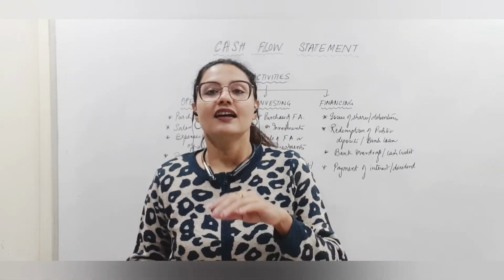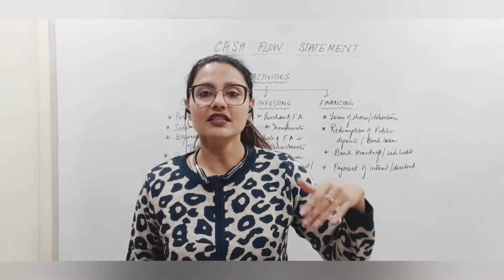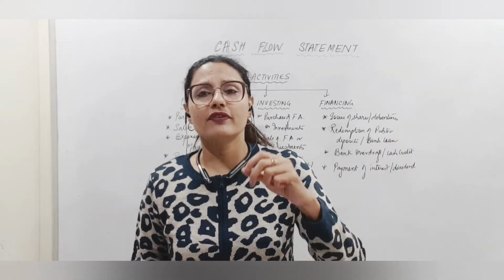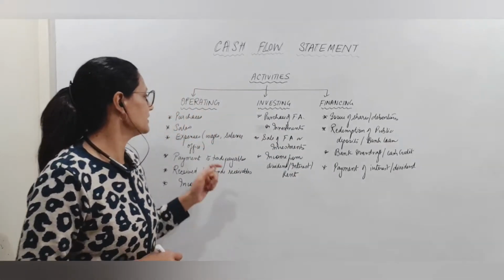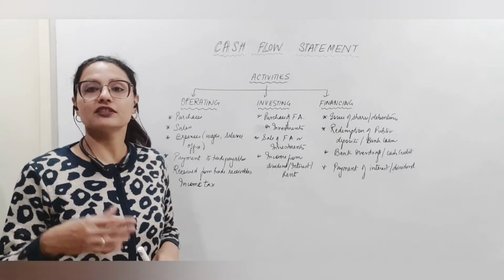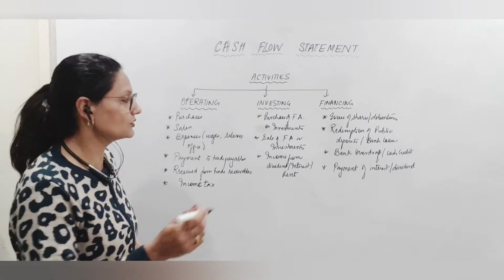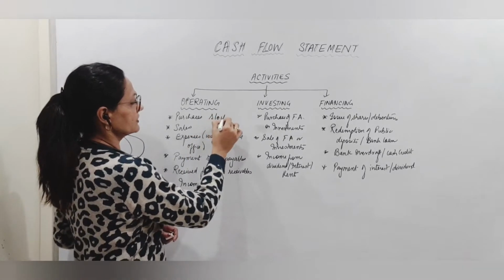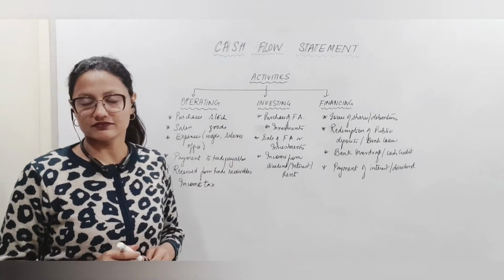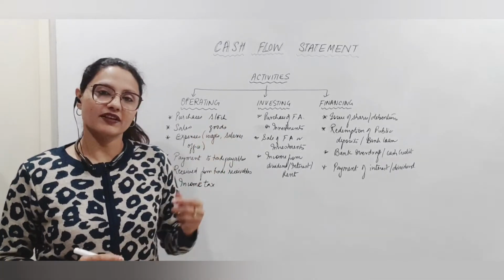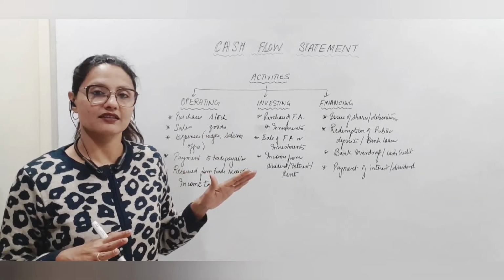ठीक है? Apart from that, there are other activities also. So if I tell you more specifically certain examples of operating activities. Purchases of what? Stock, isn't it? Goods. Purchases of stock or goods we are talking about. Sales of goods. Purchases, outflow of cash. Outflow meaning paisa ja raha hai.